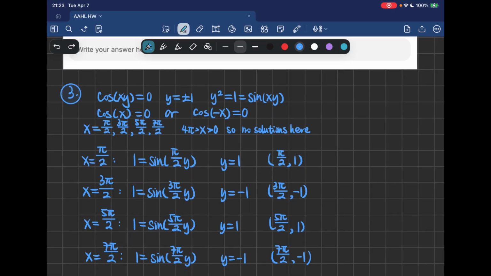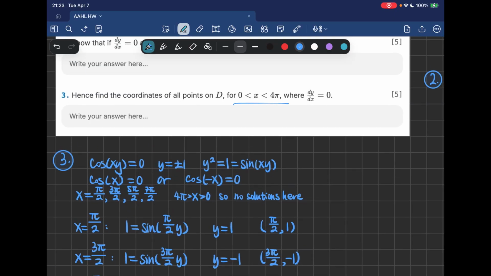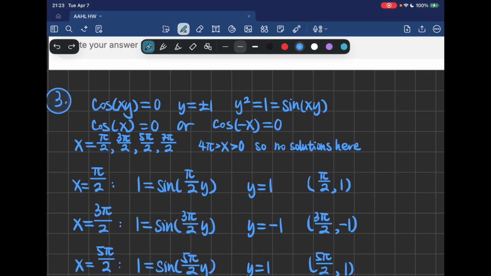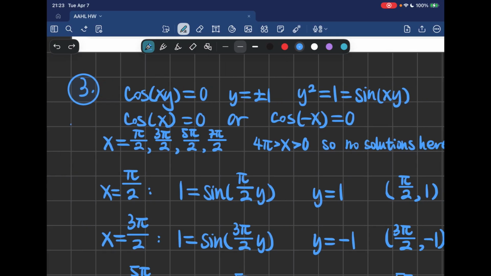And we want to see what are the x values we can get that makes cosine x or cosine negative x equal to 0 within this domain. So for the first one, you can think about it using the unit circle, like when does cosine of something equal to 0? So you can go from here to here, that's like 90 degrees, pi over 2.